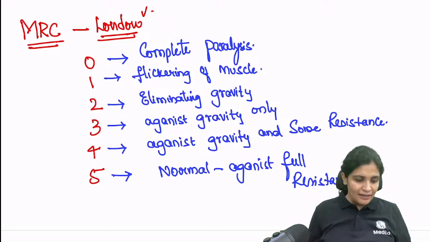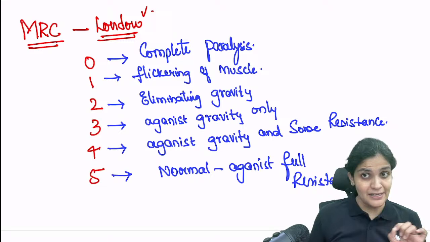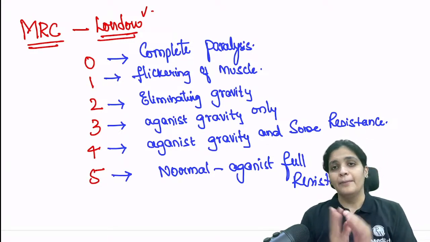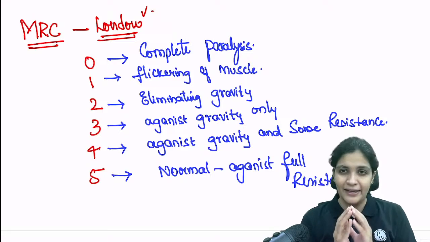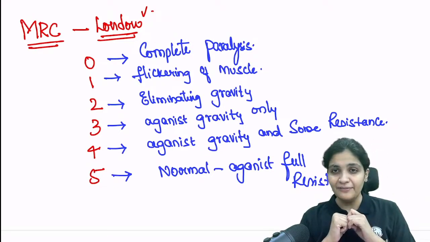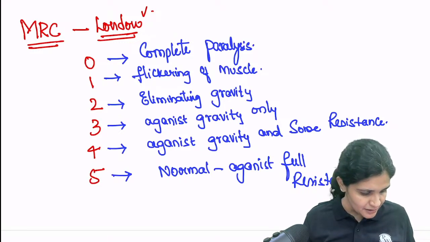So that is how you test for grading the muscles. That is individual muscle testing. If you could do it for all the muscles, that is very, very good. But usually it is a short case in ortho, so you have to remember the important muscles for each nerve and then you can do only those 1 or 2 muscles. That would be enough.